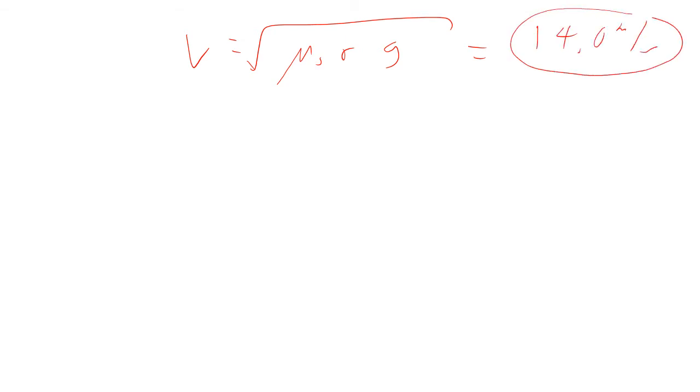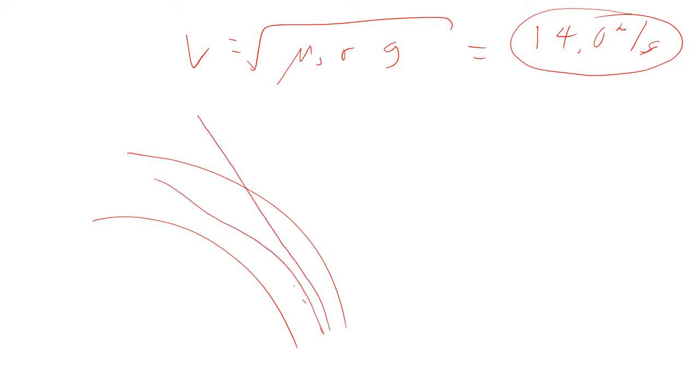So v equals the square root of mu sub s rg, and that turns out to be equal to 14.0 meters per second. So that's the fastest the car can go around that curve. If it tries to go faster than that, then the car will break loose, and the car will just slide in a straight direction at that point.